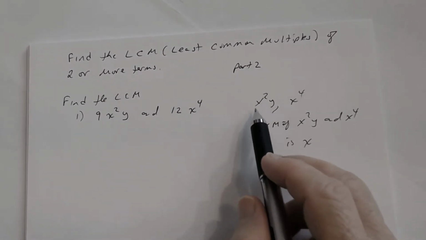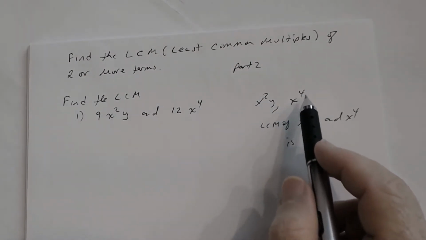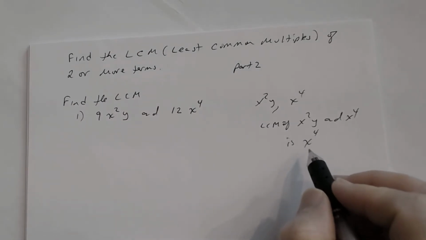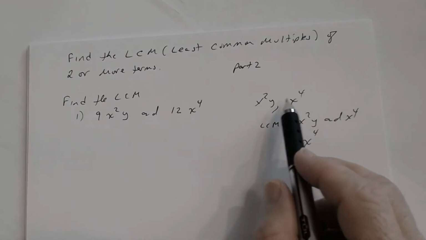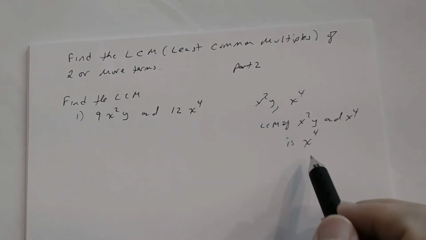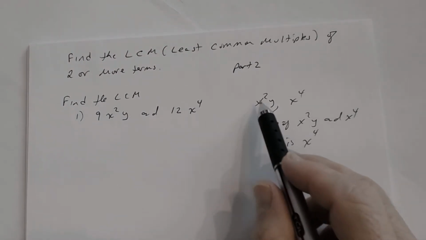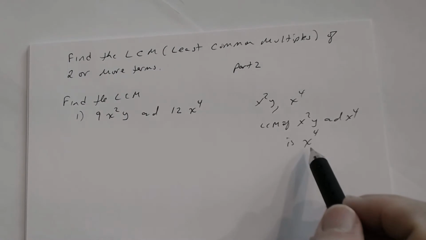How many factors of x are in here? 2. How many factors of x are here? 4. How many do you need? 4. Okay, so remember, the least common multiple means that these 2 terms must divide into this evenly. So if I have 2 here and I have 4 here, I need 4 here in order for this to divide into it evenly.